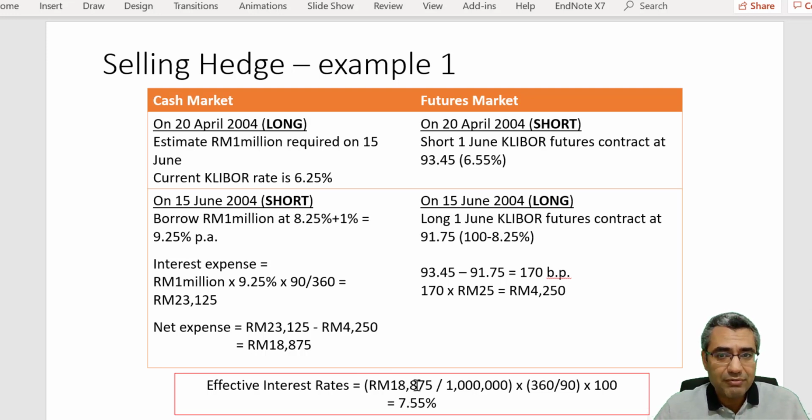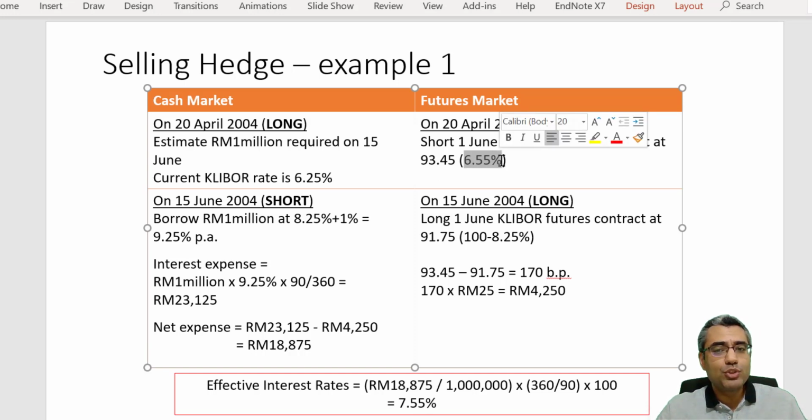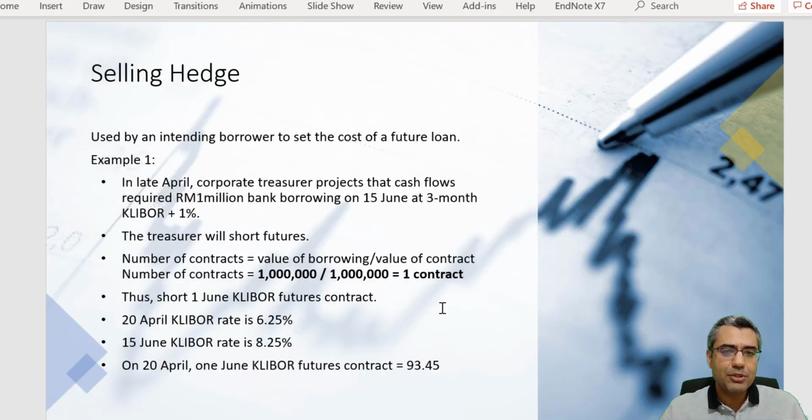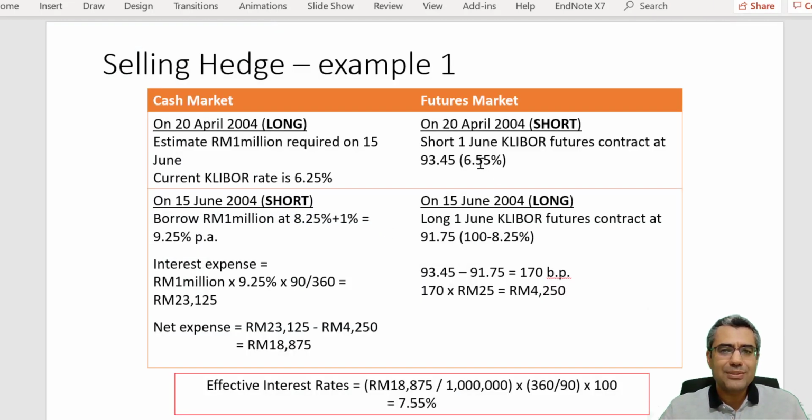And this 7.55 is the KLIBOR and the KLIBOR futures contract, the interest rate that you locked in, in April for June. So it's 6.55% plus 1%, because in the beginning you agreed you wanted to borrow at KLIBOR plus 1%, right? So 6.55 plus 1% will give you 7.55.